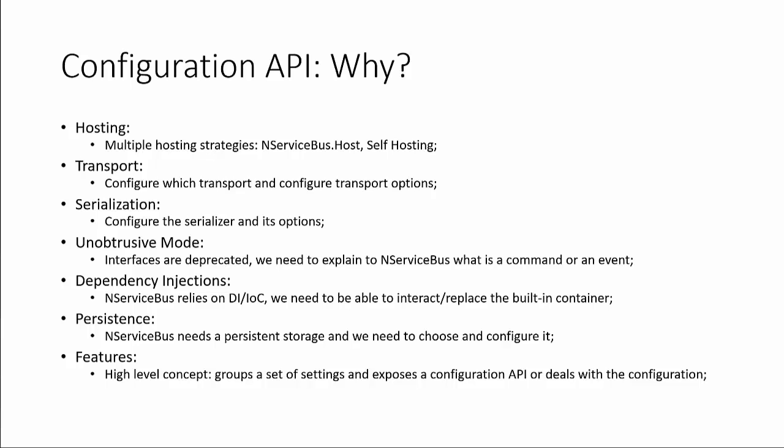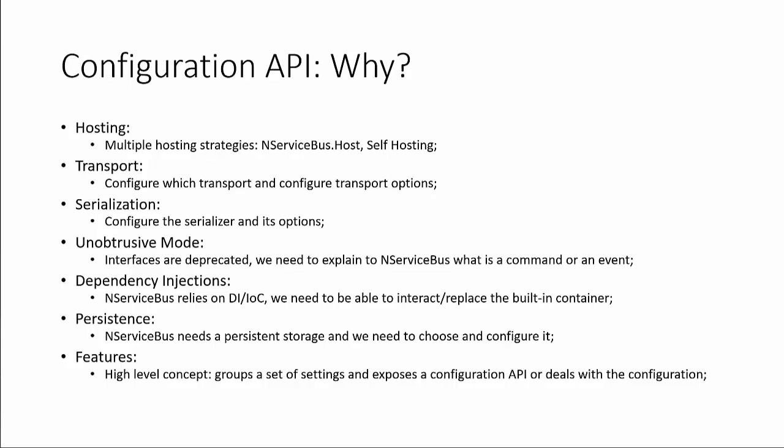NServiceBus is capable of hosting our endpoints, and we have multiple hosting strategies. A self-hosting strategy where we can host NServiceBus endpoints on our own in our own applications, such as a WPF application or a console one, or we can leverage the power of the NServiceBus host.